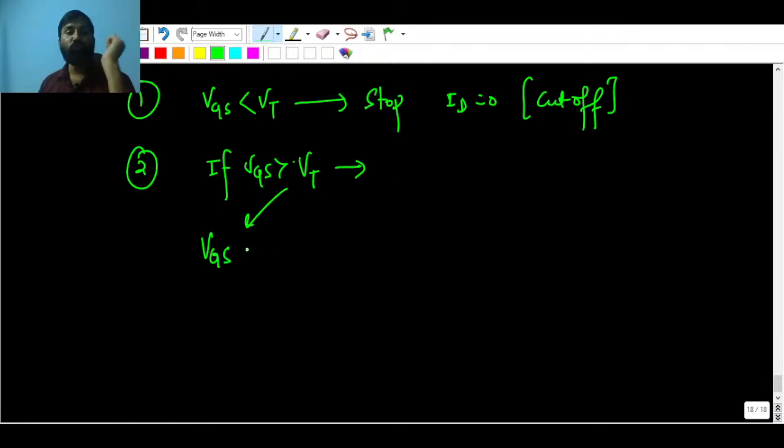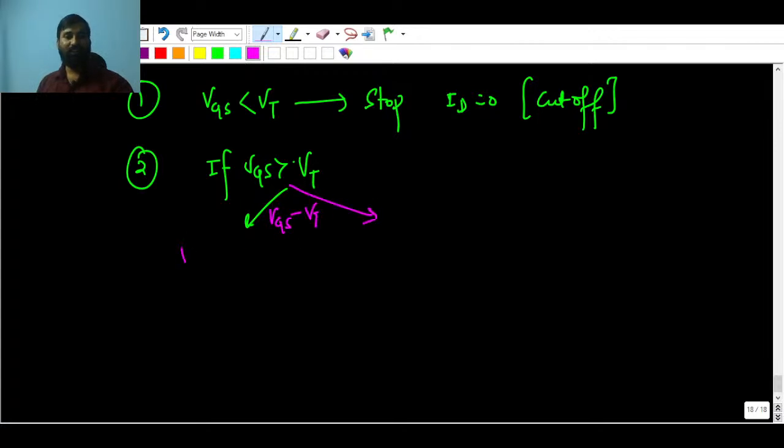You will have two conditions. You have to calculate VGS minus VT first. Once this step, VGS greater than VT, is cleared, you have to find VGS minus VT.